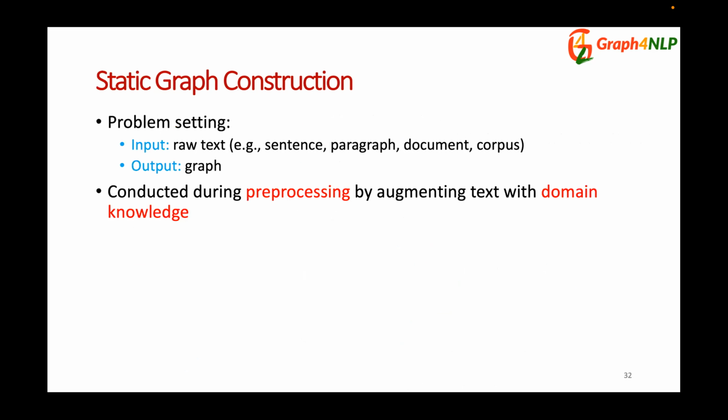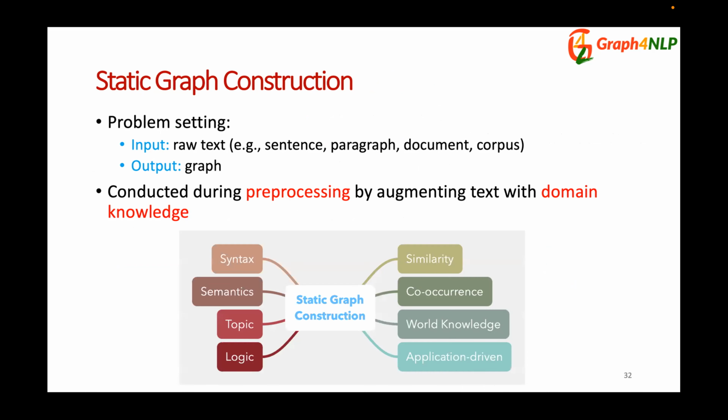First, let's talk about static graph construction. It aims to convert the raw text to a graph, where the text can be a sentence, a paragraph, a document, a corpus, and so on. This is usually conducted during the pre-processing stage by augmenting the raw text with various domain knowledge, such as syntax, semantics, topic, co-occurrence, and world knowledge.